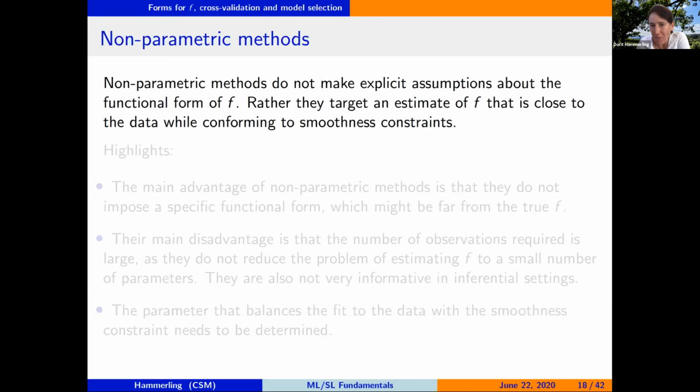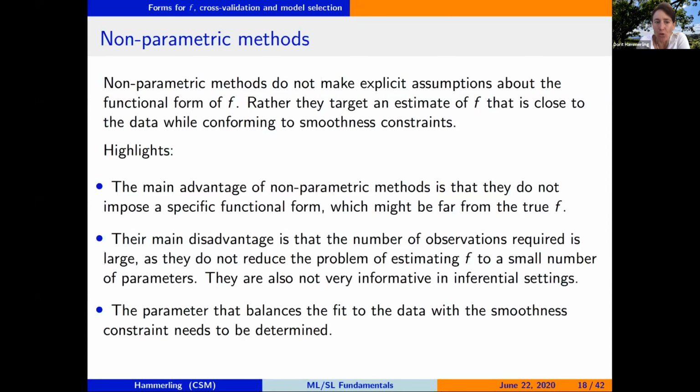Obviously, if we just have an estimate of F that's close to the data, we would have F just go through all the points. So on a high level, the main advantage of using these non-parametric methods is that we don't impose that specific functional form, which might be far away from what the true functional relationship is.